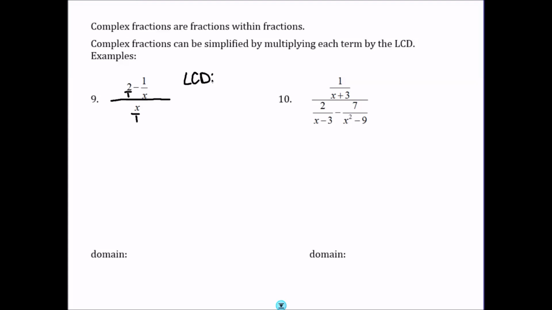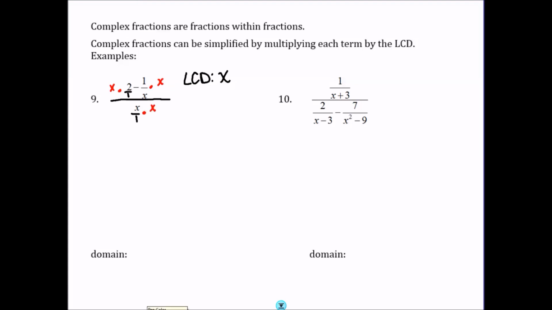So my LCD should just be 1x, or just x. So then I'm going to multiply each of the little fractions by the LCD. So I'm going to multiply the first fraction by x, second fraction by x, and the third fraction by x.